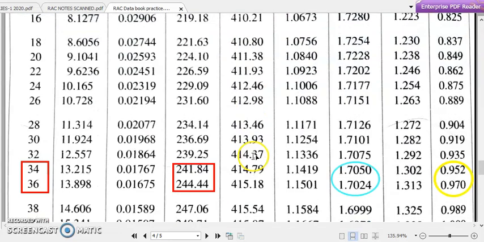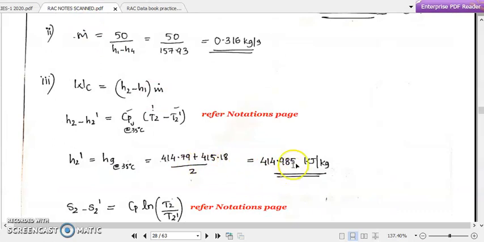The exact value is not given for 35 degrees Celsius, so we can find it by interpolating the values for 34 and 36. That is, take the average of 414.79 and 415.18, and that is given here as 414.985 kilojoules per kilogram. Always please be careful about the units.